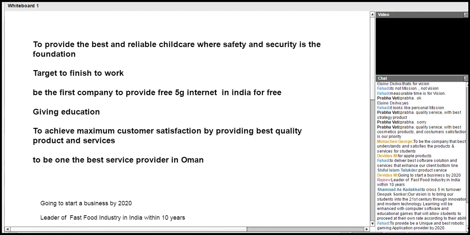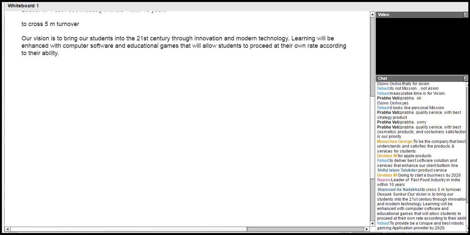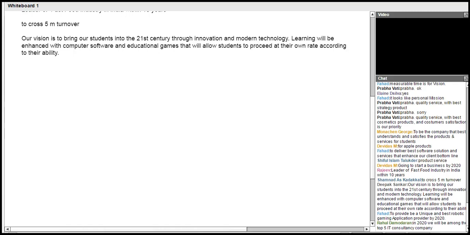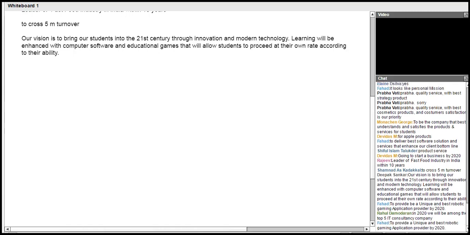Big pack. And I have another one from Fahad. Oh, I was copying Fahad and then it jumped to who.